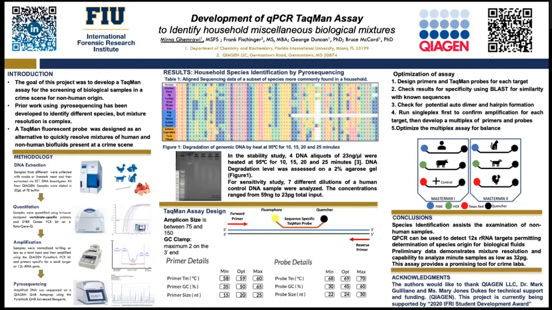What's cool about this first part of the project is that the primers we designed are universal for all vertebrates, so we didn't need to design multiple primers or multiplex anything for the pyrosequencing. It's a universal forward and reverse primer pair that can amplify around 104 bases for different species, and by comparing them to a reference database, it can tell me human versus non-human.